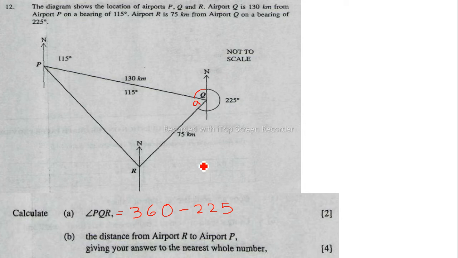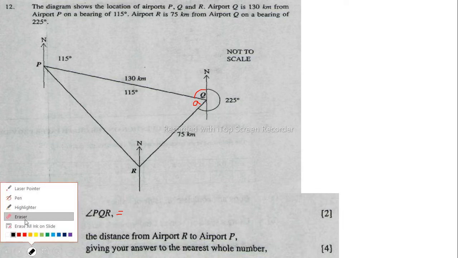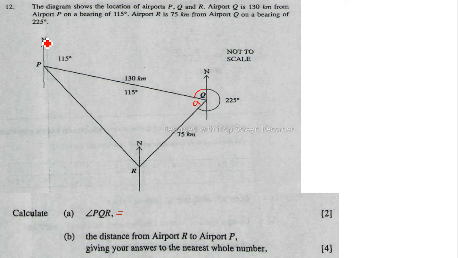But no, look at this. So that's what I was asking you before you ran with the answer. 180 minus 115 would be better, because if we look at it, this line is parallel to this line. We have a transversal going through it, and so we know that this one is 115.